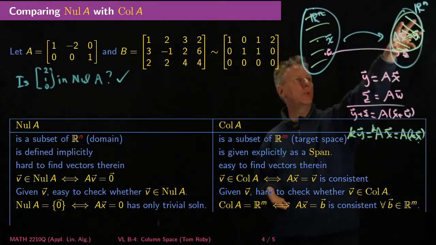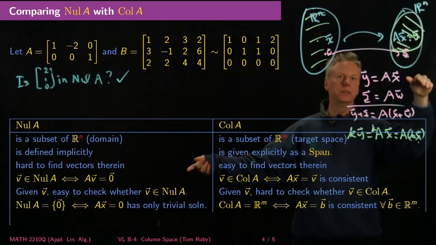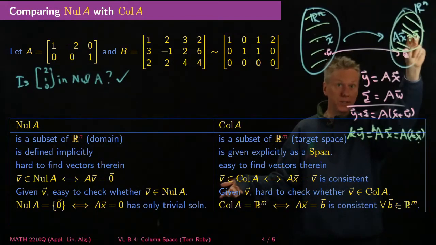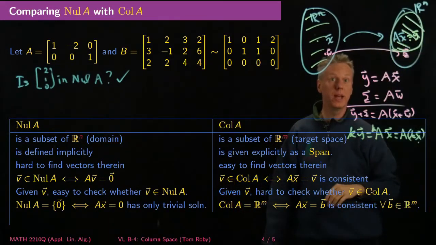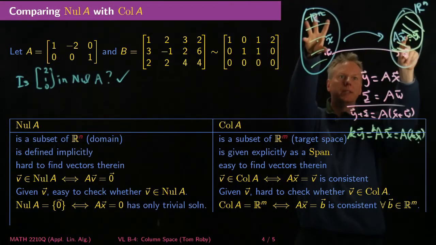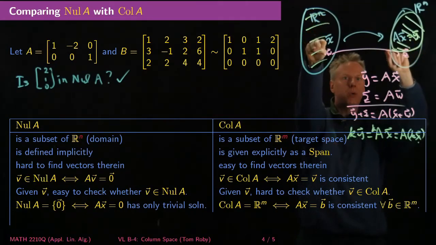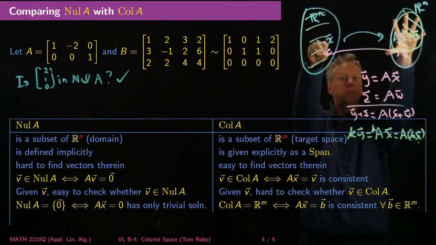And the extreme case that we want to consider over here is the column space could be everything. It could be 0 if you send everything to 0, so you've got that same other extreme case. So the 0 matrix gives you the other extreme case where everything is in the null space and only 0 is in the column space. So maximally big here, maximally small here. But now we're looking at maximally small here and maximally big here.